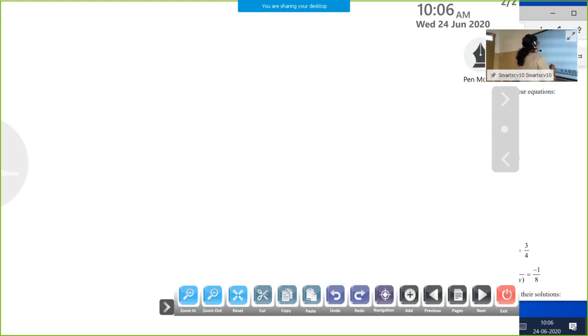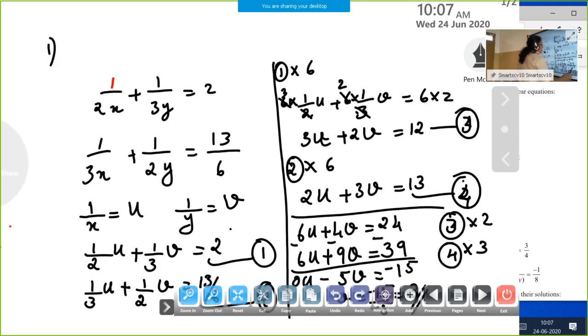u also. First equation, that is 3u plus 2v is equal to 12. This is equation number 3.